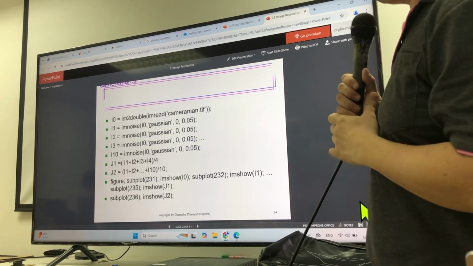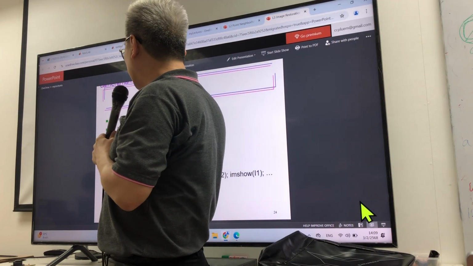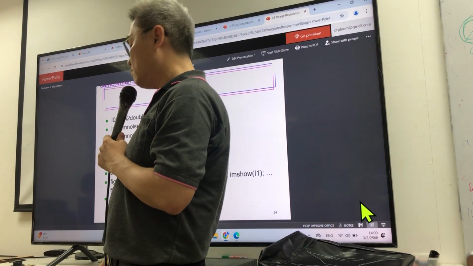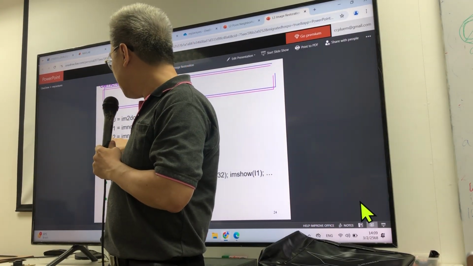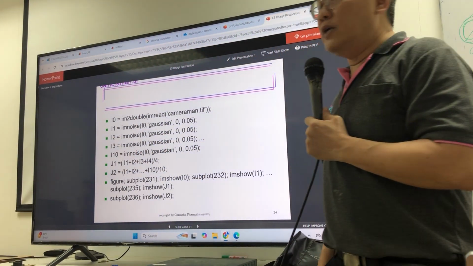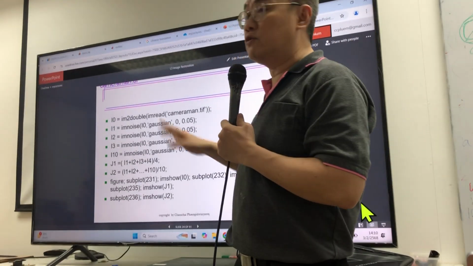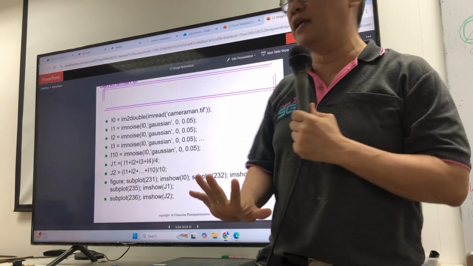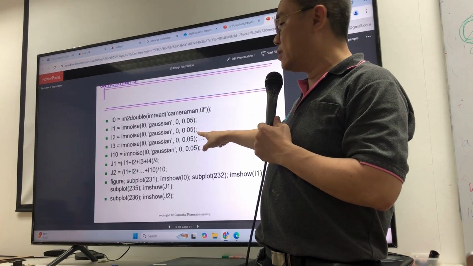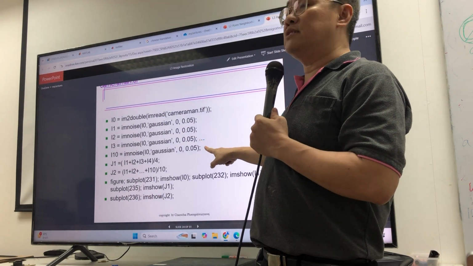Let's take a look here. Go ahead and do that. Use im2double to read cameraman.tiff, and call it I0, the original image. We're supposed to produce 10 images: I1 is the Gaussian noise, I2 the same Gaussian noise, I3, up until I10.